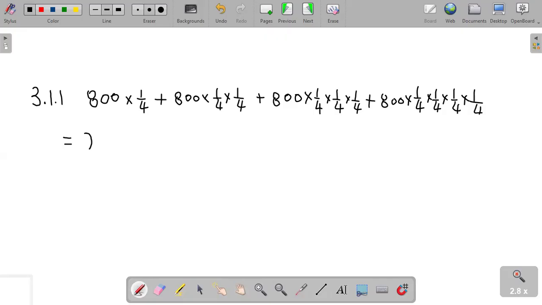So then it's going to be 200 plus, then again use a calculator here. It's going to give you 50. You just keep multiplying by 1 over 4. Then you say 50 multiplied by 1 over 4, you get 12.5. You say 12.5 multiplied by 1 over 4, and you get 3.125.